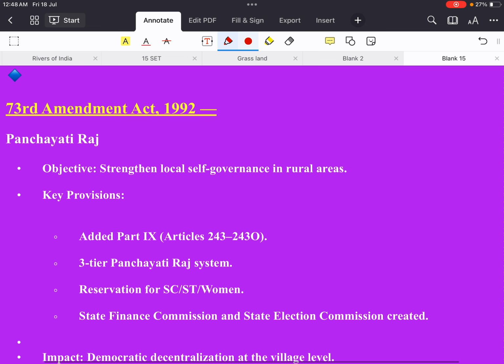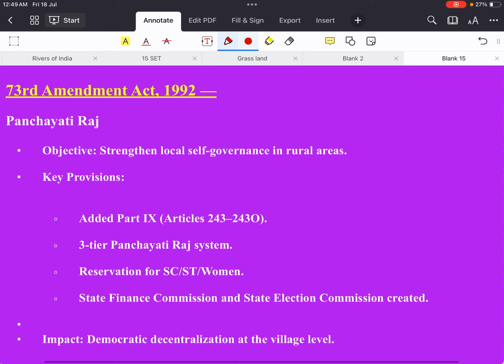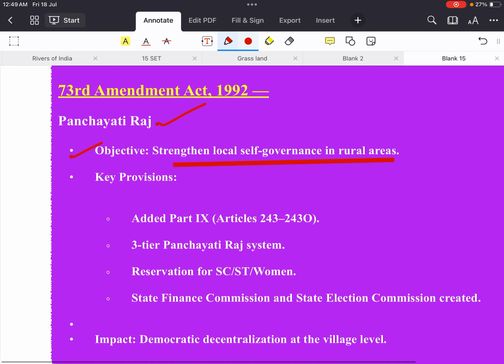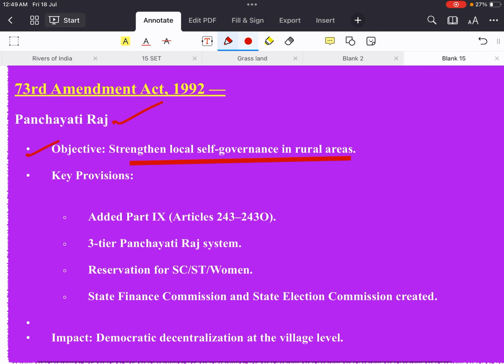Then comes the 73rd Constitutional Amendment Act 1992, that is Panchayati Raj. What was the objective? Strengthen local self-governance in rural areas. What were the key provisions? Added Part 9 and Articles 243 to 243O.